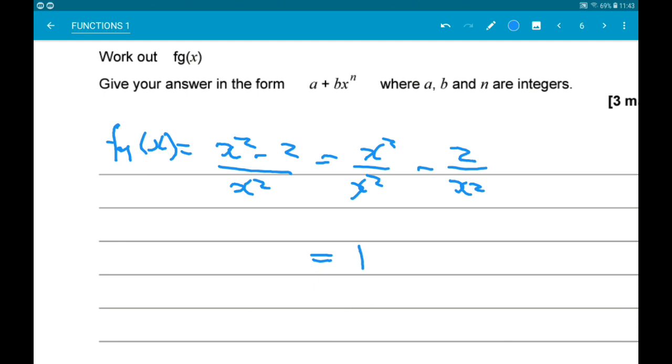Now, 1 over x squared in power form is x to the minus 2. So, given that we have minus 2 over x squared, we can think of this as minus 2 times 1 over x squared. So, minus 2 times x to the minus 2.